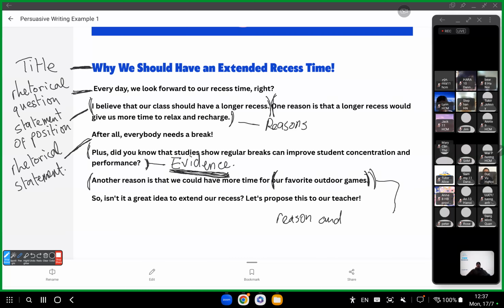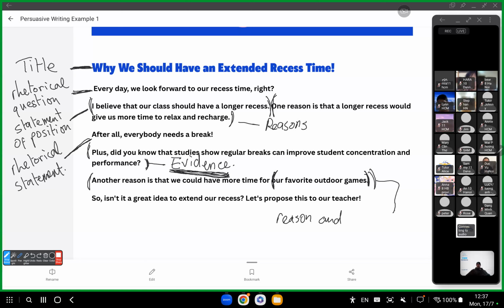So it's the reason, and what else is it? Jack. It's the evidence. Very good. Because we're listing an example of something that we can do with our extra free time. We could have more time for our favorite outdoor games. So that's actually combining evidence into the reason.